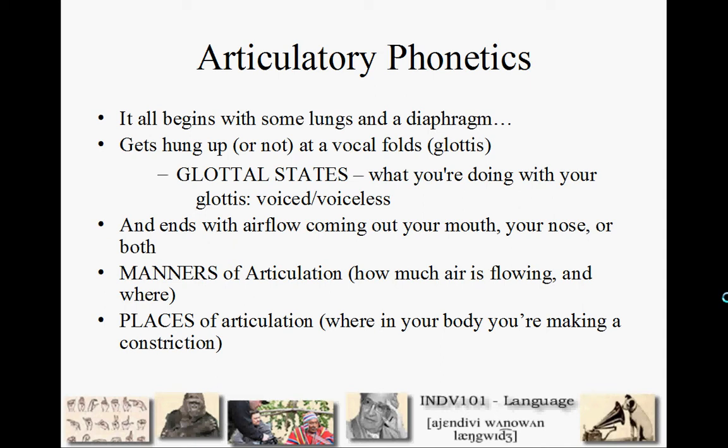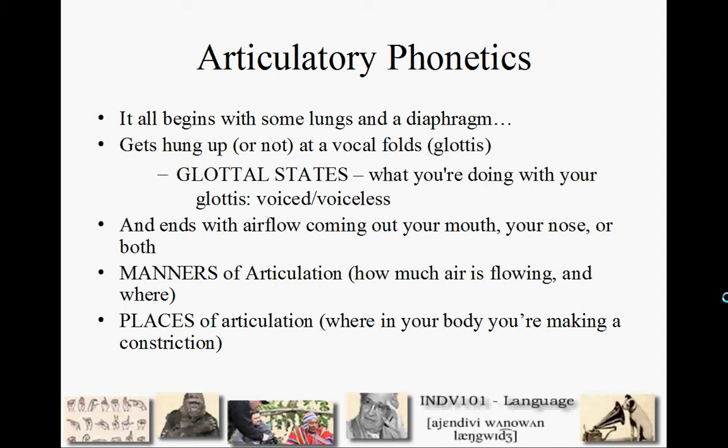So in addition to glottal state, which determines voicing, we also have to know the manner of articulation and the place of articulation in order to describe a consonant. So manner of articulation refers to sort of the type of constriction that you're creating in your mouth.